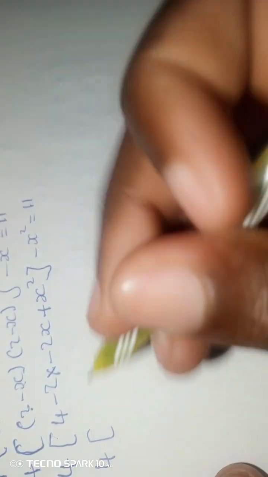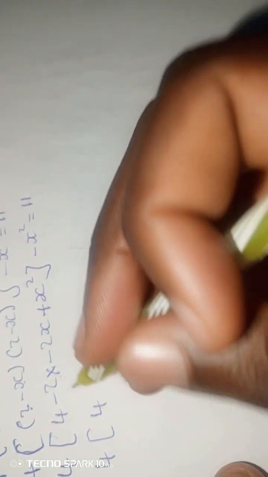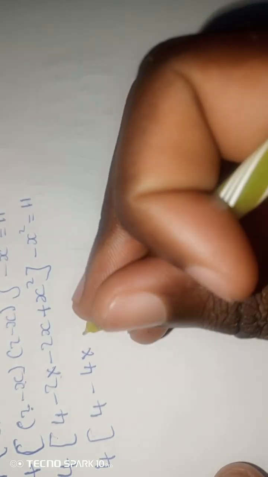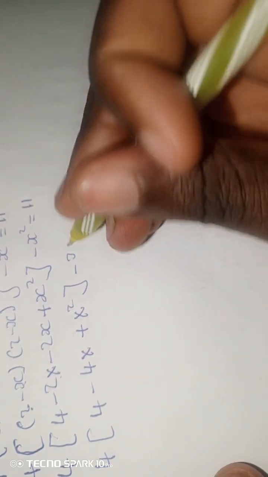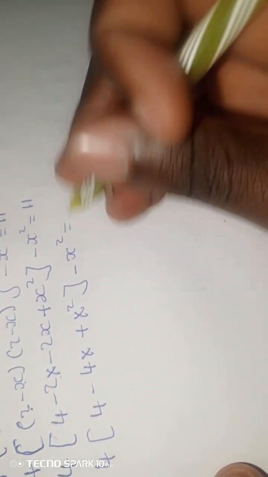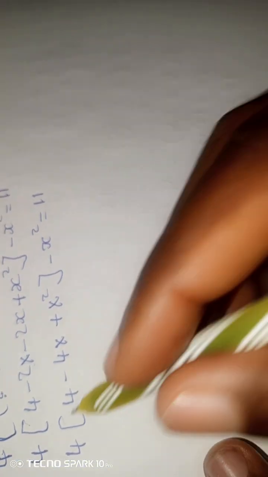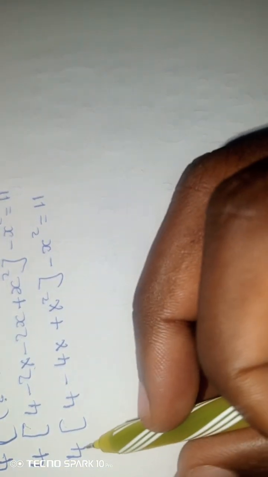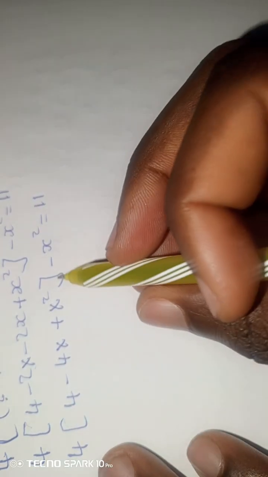From here I'll say 4, I'll add the like terms, so it will be negative 4x plus x squared, close bracket, minus x squared equals to 11. Now I'll start multiplying by 4 in order to remove this bracket.